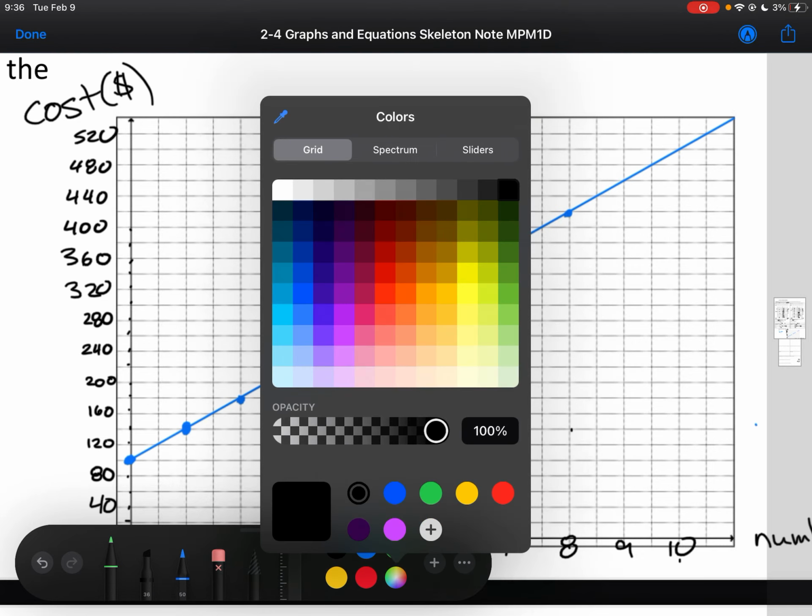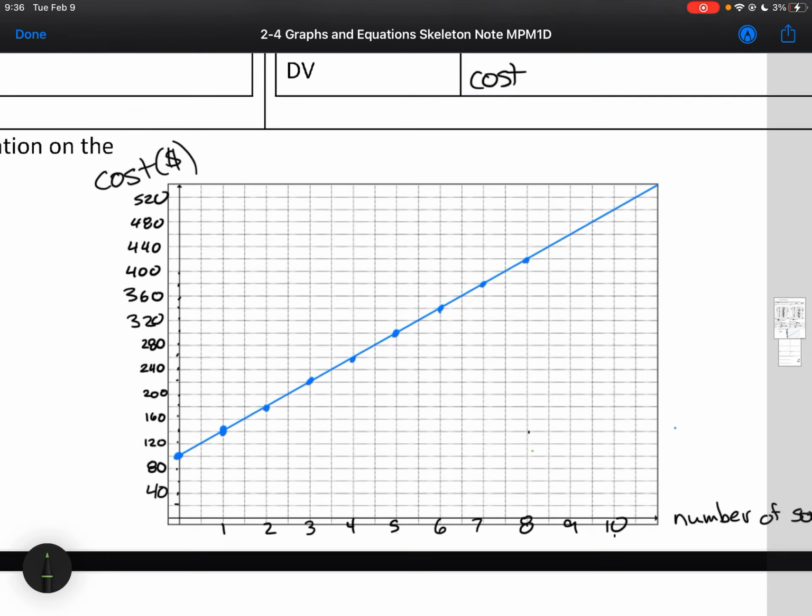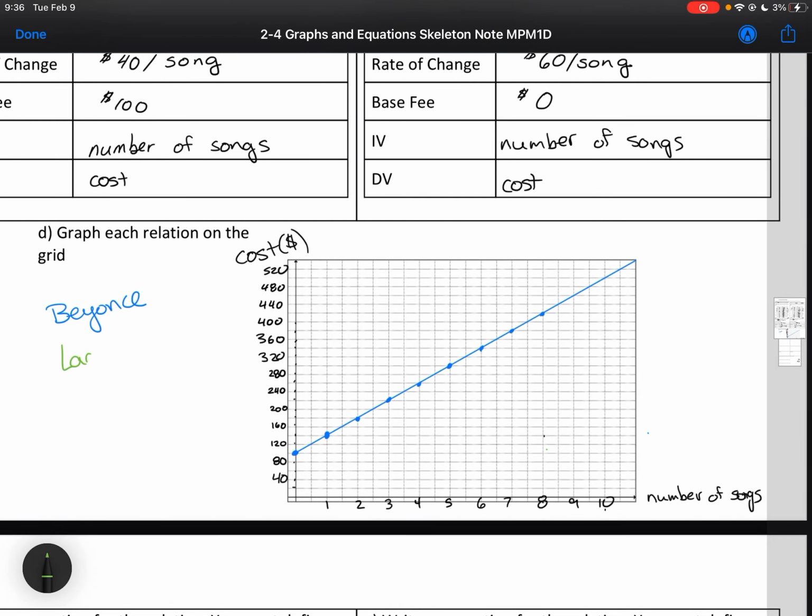And then let's do Lady Gaga in green. Try and do a darker green so it stays up a little bit better. But Lady Gaga will be green. Okay.